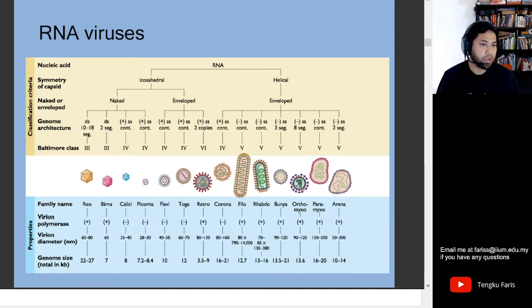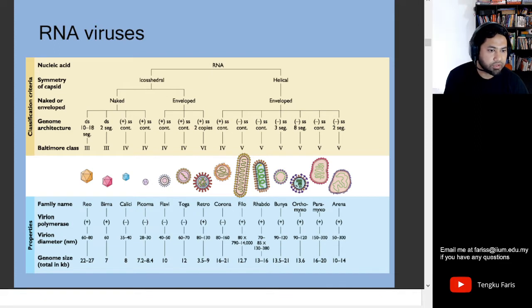They have grouped the viruses based on numbers. Groups 1 and 2 are mostly DNA viruses. Groups 3, 4, 5 are mostly RNA viruses. So this is the Baltimore classification that we can use in order to detect or to confirm certain types of virus.